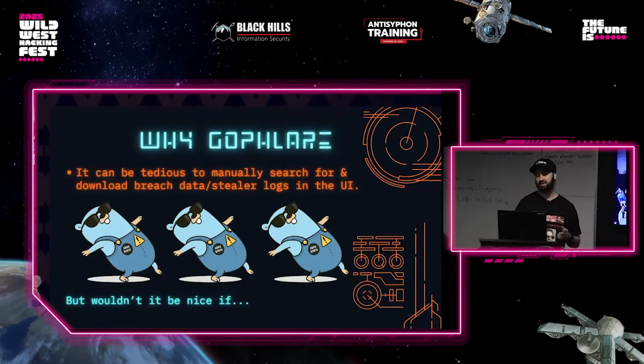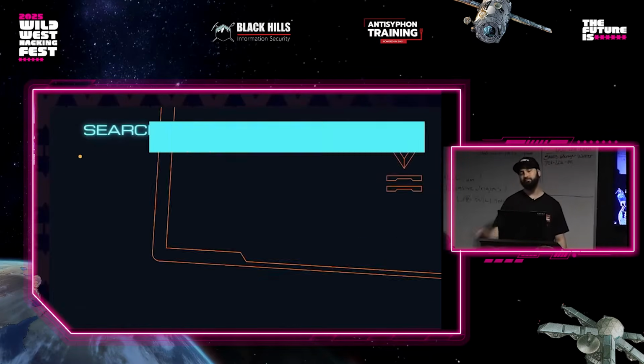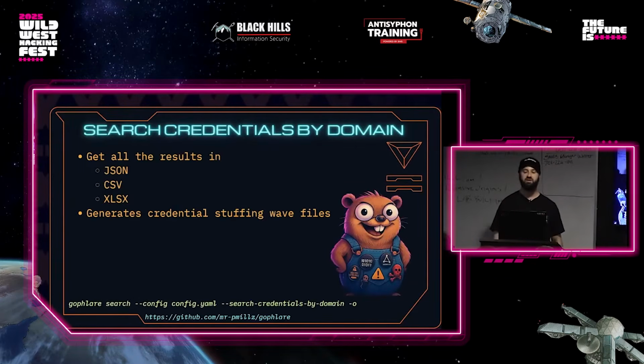But wouldn't it be nice if you could just search those credentials by the domain on the command line? I'm a little bit of a console cowboy myself. If I can avoid the UI, best believe I'm going to avoid it. Here's an example command right here. You'll do GoPhlare search, give it a config file, which will have your credentials for the Flare platform, and then you can just search credentials by domain.